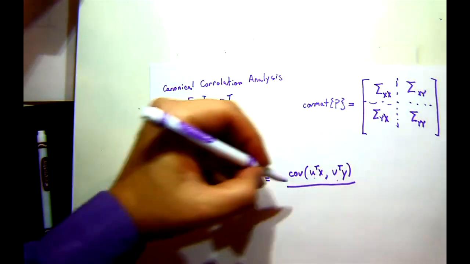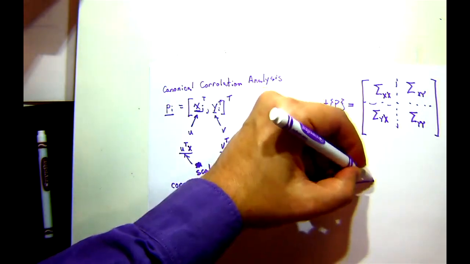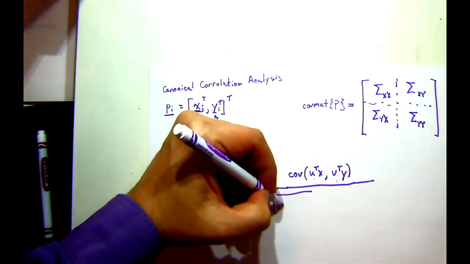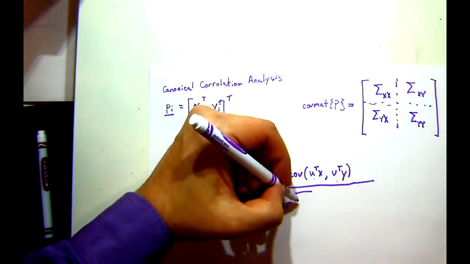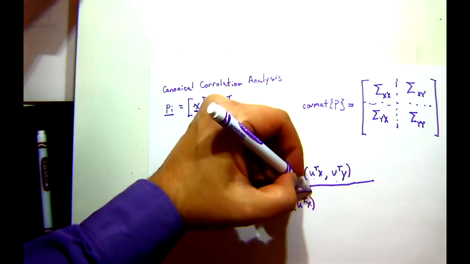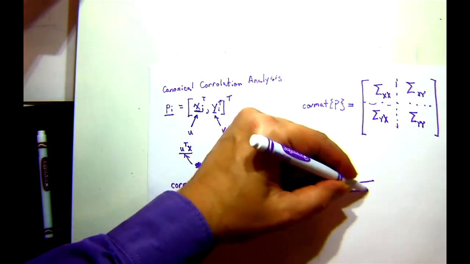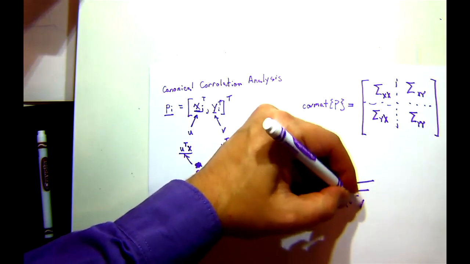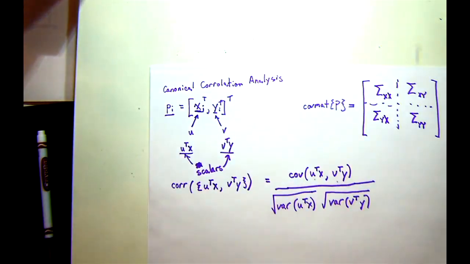And then to get the correlation, we have to normalize by the variance of those individual things. So we take the variance of U transpose X, and then we take the variance of V transpose Y, and we end up with the correlation. And we want to minimize this particular thing to find U and V. So we're going to find U and V such that this is minimized.